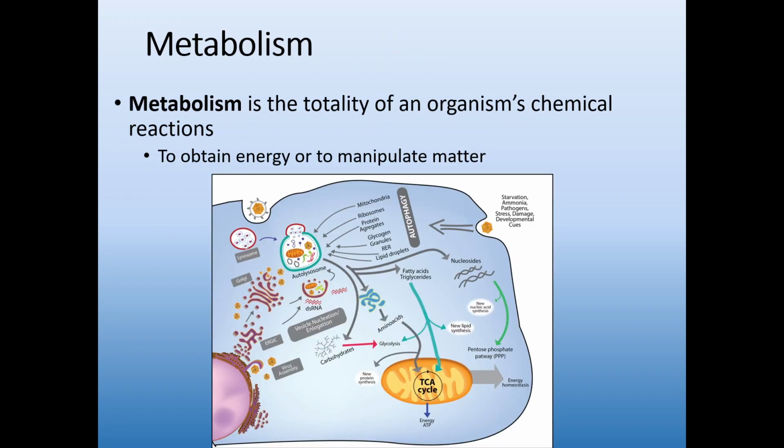All right, so how does that actually work? That's where metabolism comes into play. So now we've talked about the physics behind why we need it. Now we can talk a little bit about what it actually does. How is it operating as far as a physics standpoint goes? So the metabolism is the totality of an organism's chemical reactions.